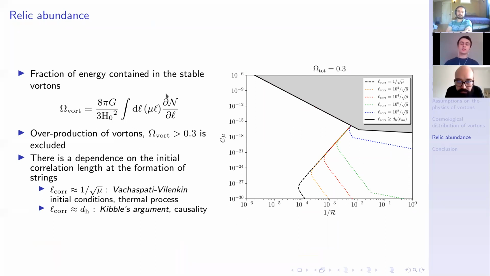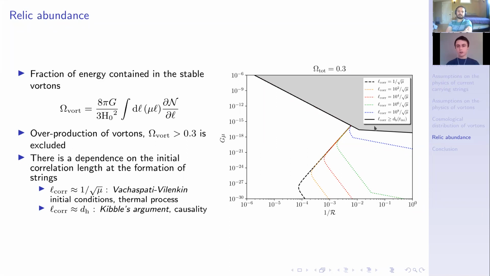So we basically say that a photon's energy is more or less mu times its invariant length, L. And we integrate out over all lengths for the photons. And if this quantity is larger than 0.3, so roughly the dark matter content of the universe, you can basically exclude directly this model. So this is this gray region here that you see.